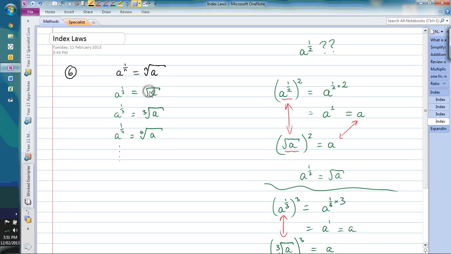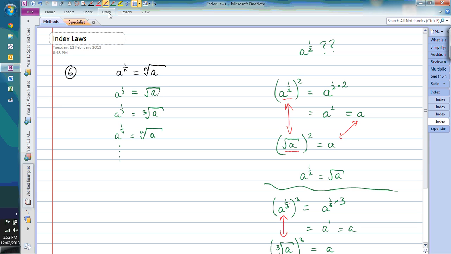So our surds are basically equivalent to having indices that are fractions, and that's the important thing to get out of this rule. Algebra cannot tell the difference between a to the half and the square root of a. They are equivalent statements. And if we really wanted to, we could abolish one of them. We could say we're always going to write them as fractions and never as square roots if we wanted to.